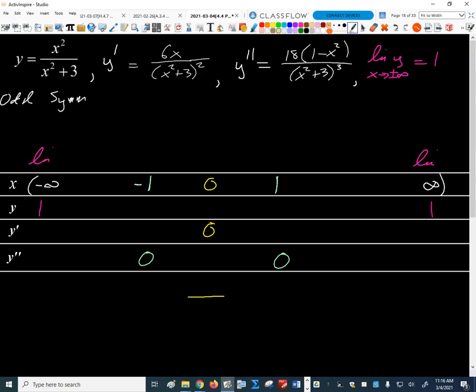What do I have to do on my table here? Say it again, Seth. Okay, test points. Tell me specifically, what x value should I plug into which derivative here?